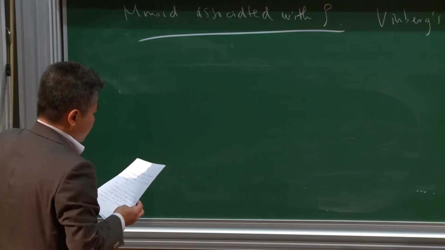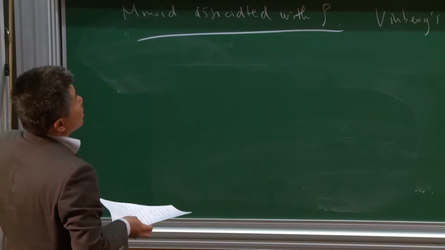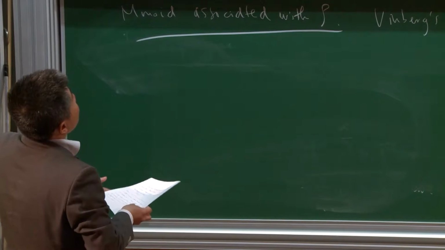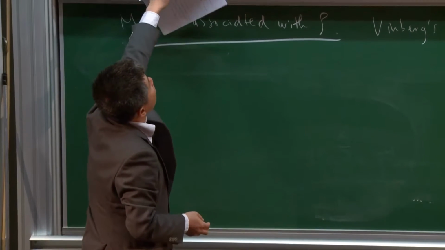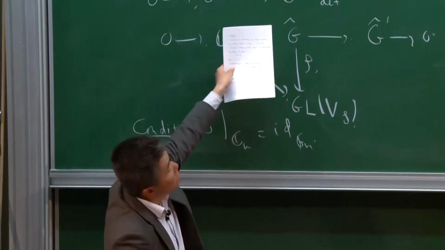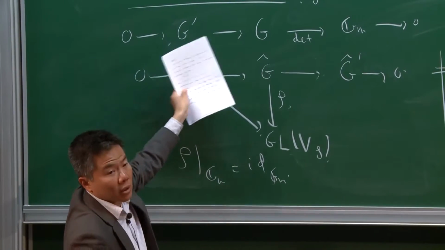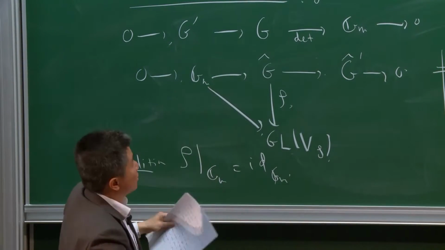In this theory, it's convenient not to fix G, but to fix G prime and let G vary.